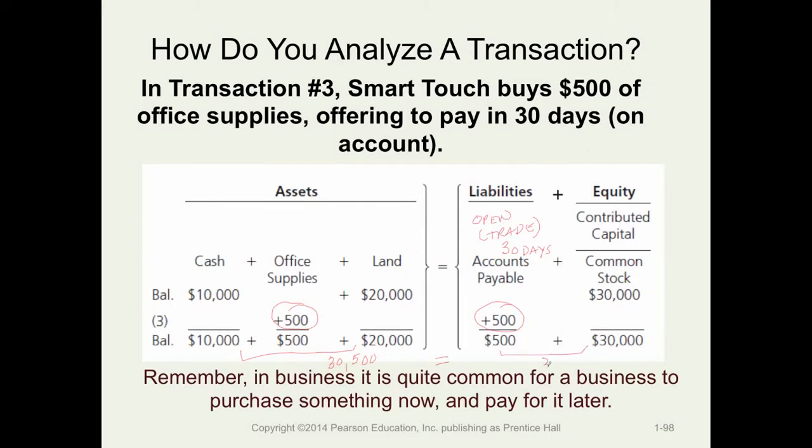And total liabilities and stockholders' equity are also 30,005. Notice, of course, that the outsider's claim or the creditor's claim is now 500 and the owner's claim is 30. Total economic resources have to equal the claims against those resources.